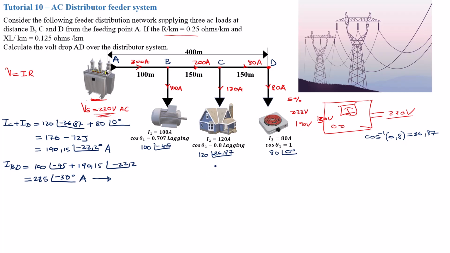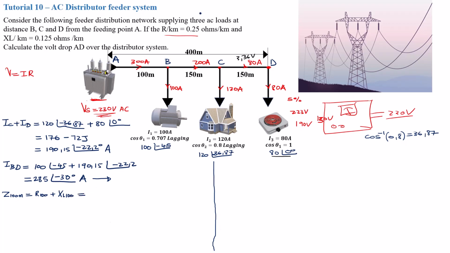Now we can go ahead and convert our resistance values. We've got 0.25 ohm per kilometer of resistance and a reactance of 0.125 ohm per kilometer. So the impedance, which is a combination of resistance and reactance, for the 100 meters section is going to be Z_100m, that's R_100 plus XL_100 as well.